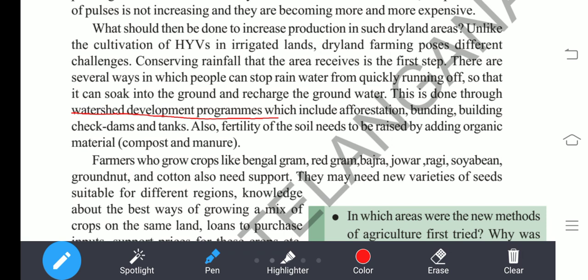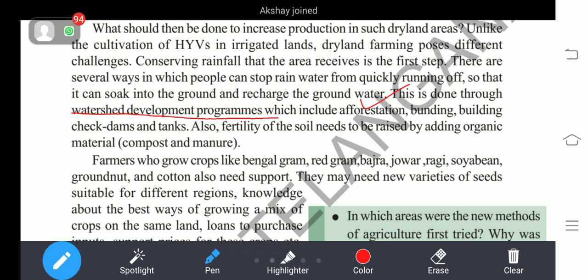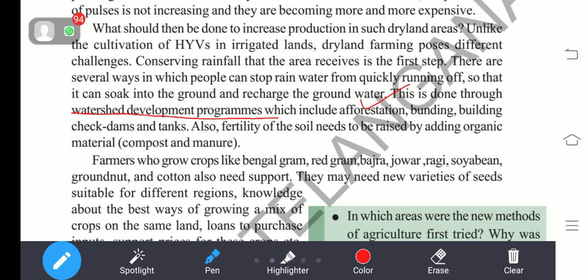One is afforestation. The land should not be empty. Plants should cover the land. If tree cover is there in dryland area, this tree cover reduces the flowing speed of the water, that is runoff.